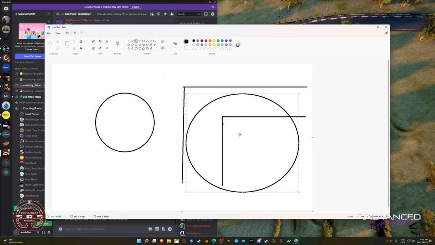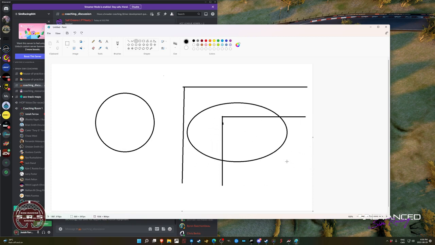The thing is, never is the actual line that your car follows a perfect circle, because with a circle you've got a constant rate of change. You're always turning the same amount through a circle. So the racing line is actually more of an ellipse.